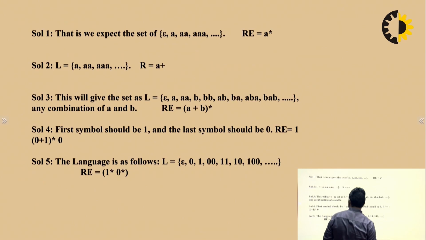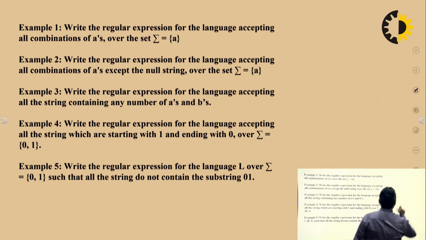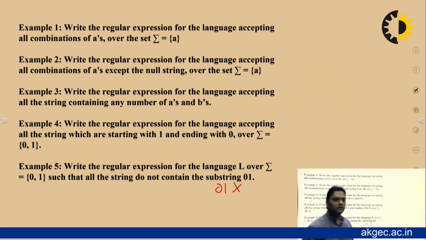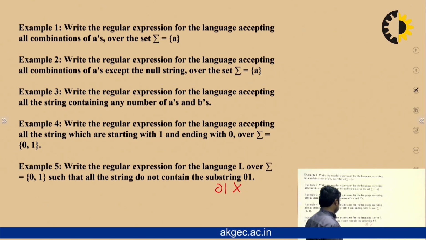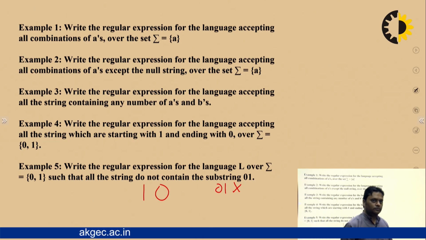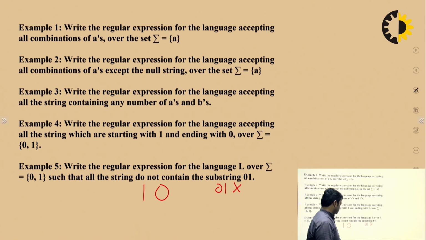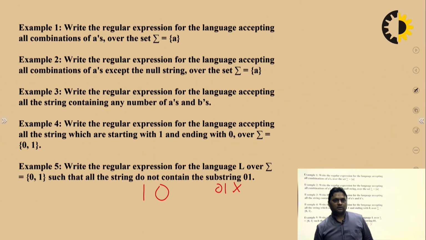When there is a string with 01, that will not be accepted. So what strings will be accepted? 10 will be accepted, 01 is not accepted. 11 will be accepted, 00 can be accepted. But the combination 01 will not be accepted.